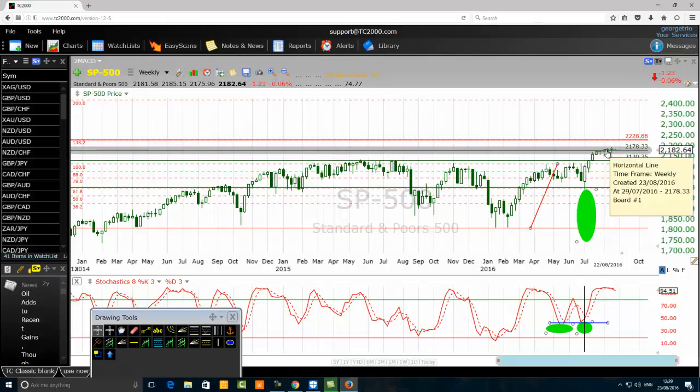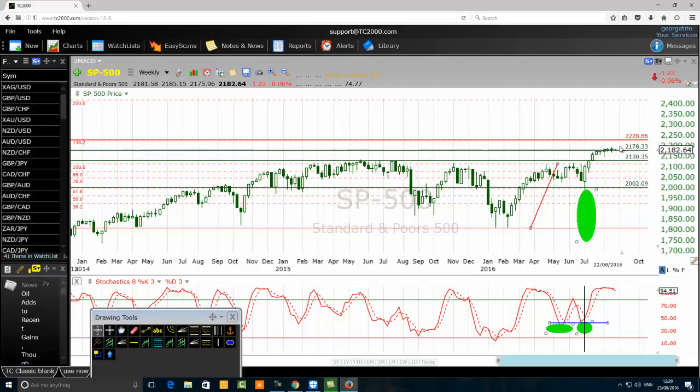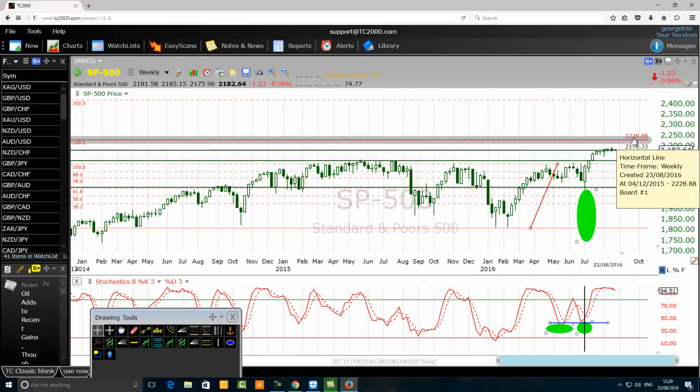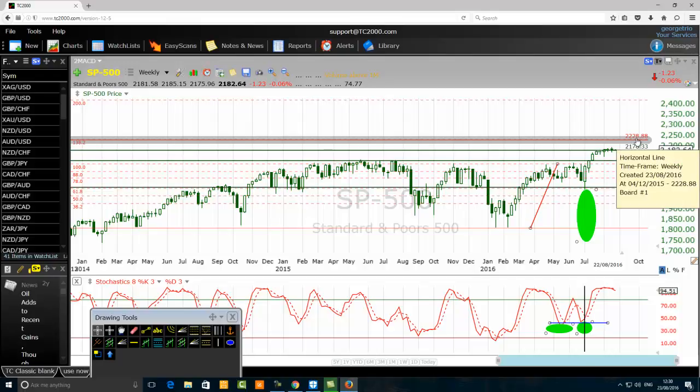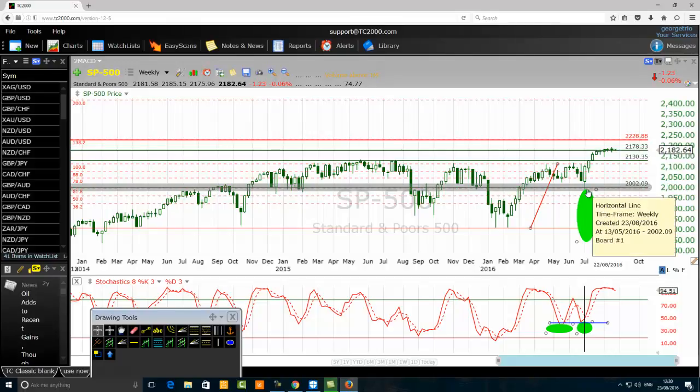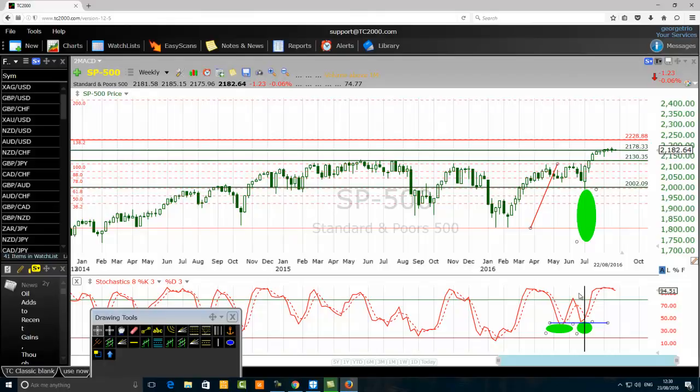At this junction, we should switch to day trading mode as the price is trying to come near the level of 2228.